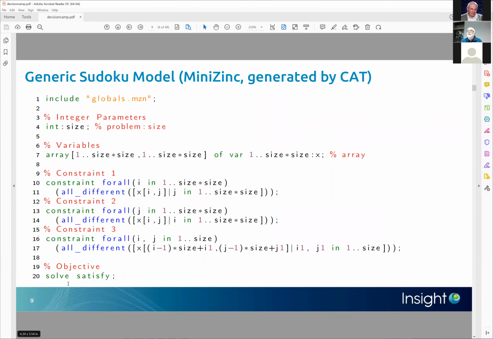And then you're saying you want to find a solution that satisfies the constraints. And that basically is an executable model. You can actually run this through the MiniZinc system, and it will find you a solution.